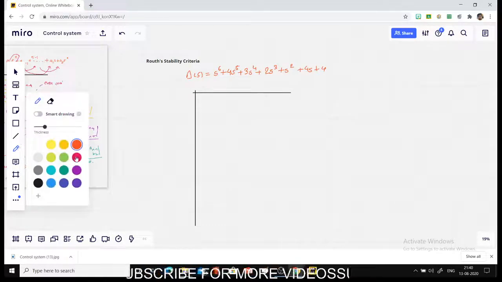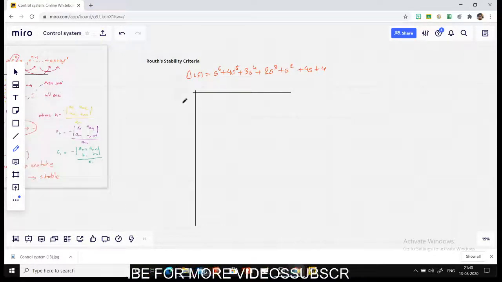To start with Routh's array, we will go with S raised to 6, that is the first term. You can start with the first coefficient, that is 1, and then take the alternate coefficients: 1, 3, 1, 4.